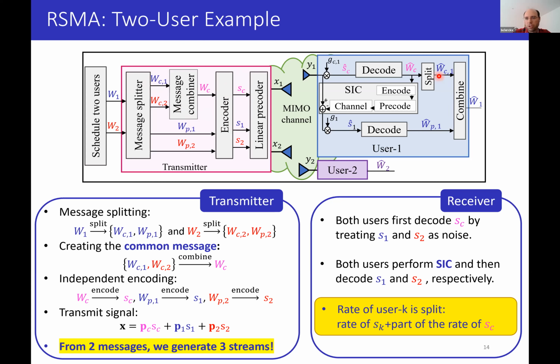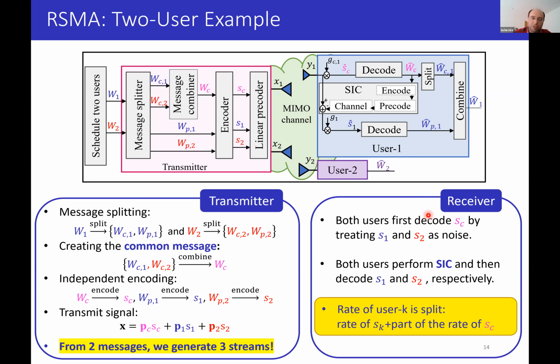We retrieve estimates of WC1 and WP1, and then by recombining those two, we obtain the original message, which hopefully is the same as the one that was transmitted. User 2 does the same thing, but it retrieves WC2 and WP2 from the common stream and the private streams.